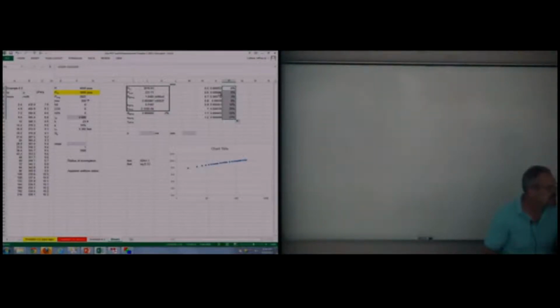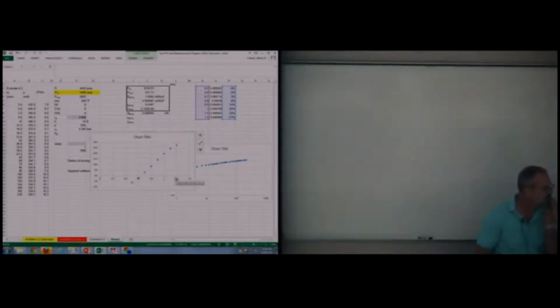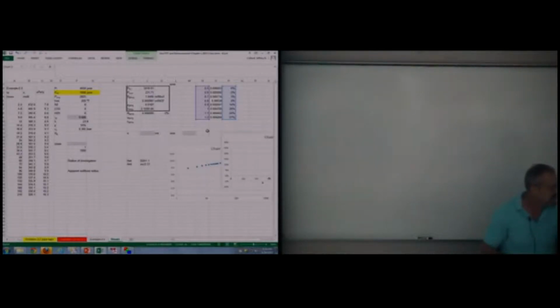I'm spending time here because this is important. You can use Solver if you take the error and make it like 0.1% by changing the gamma G, and I get like 0.652. Oh, you know what? I know what I did wrong. Typically, I like to square my error.